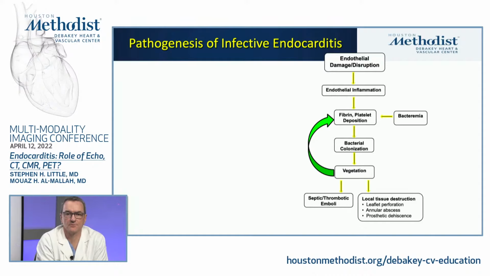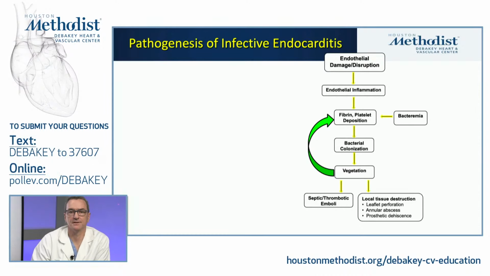And then it cycles back with more fibrin, more platelets, more deposition, more bacteria, and we have the growth of the vegetation over time. After some time, depending on the nature of the organism, you then have consequences. Those can be break-offs, including thrombotic emboli and septic emboli, or local tissue destruction often manifesting as perforation, abscess, or if it's a prosthetic valve, dehiscence.